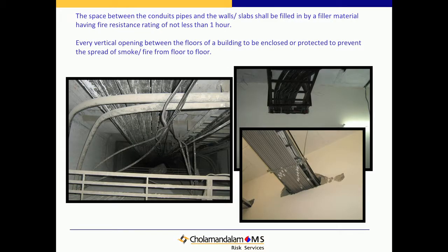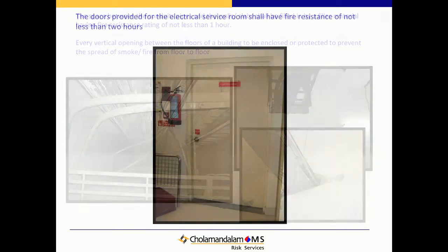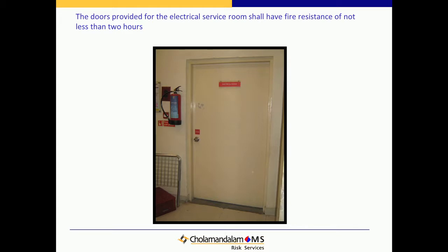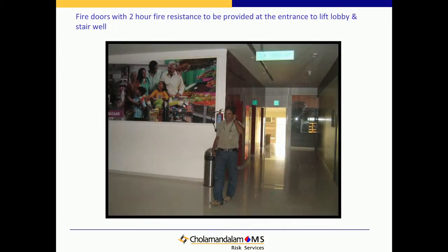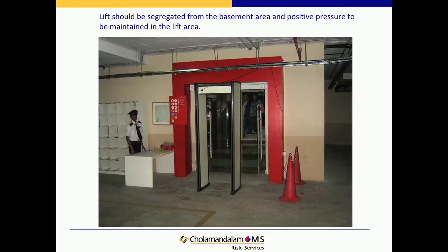Fire can occur in many of these cable rooms or electrical rooms, and then it will spread to all the other areas. So it needs to be sealed, as I told you before. The doors of each of these electrical rooms need to be fire doors. This is not working. All these fire doors are not there.